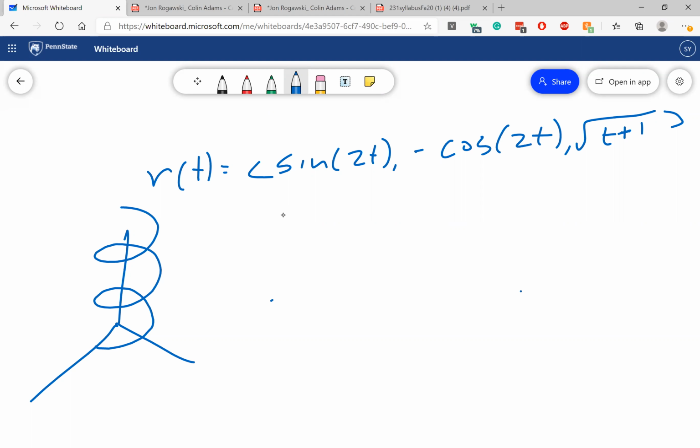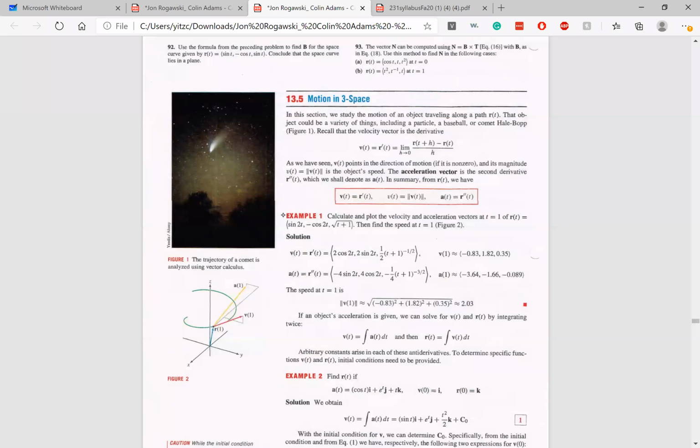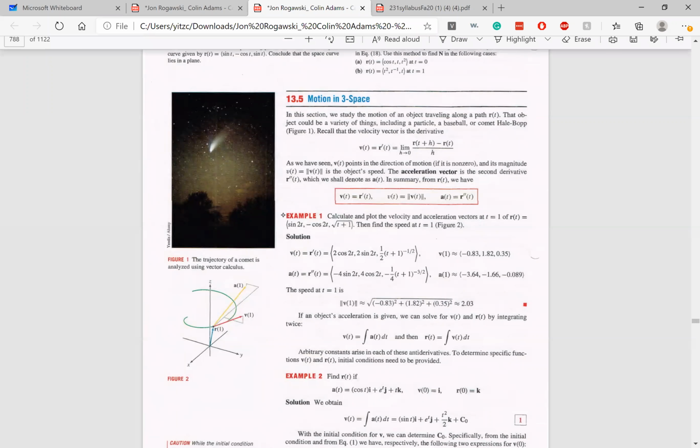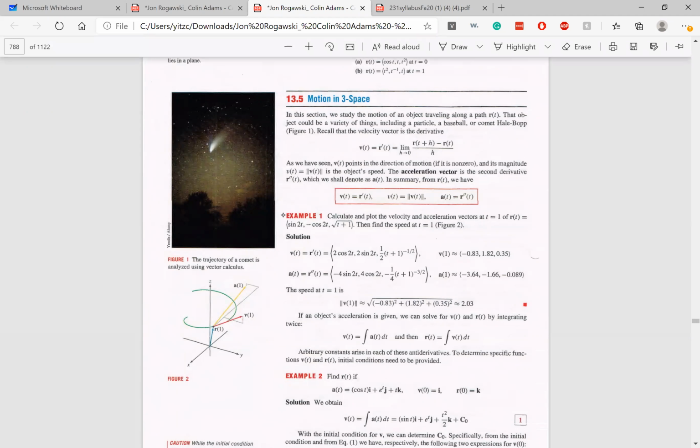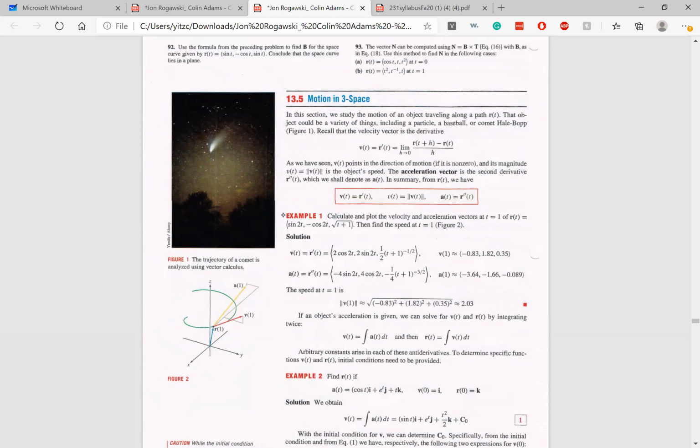And then we want to find the acceleration and velocity vectors. The magnitude of this would be the speed at t equal to 1.